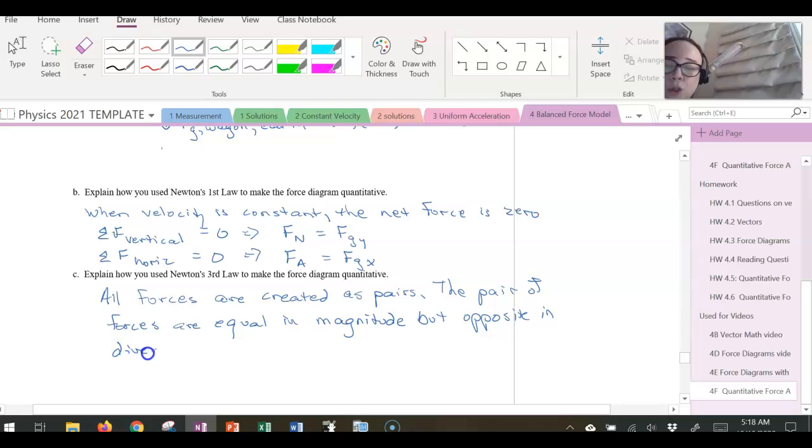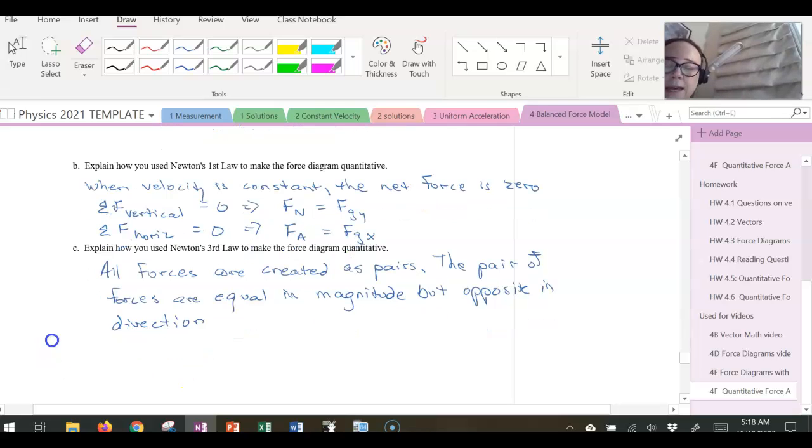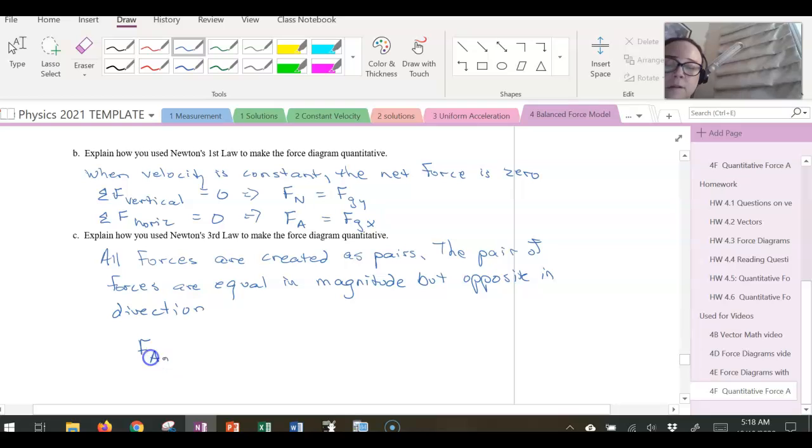And that's how we knew that the applied force on the wagon by the child must equal the applied force on the child by the wagon. It's just that it was in the opposite direction.